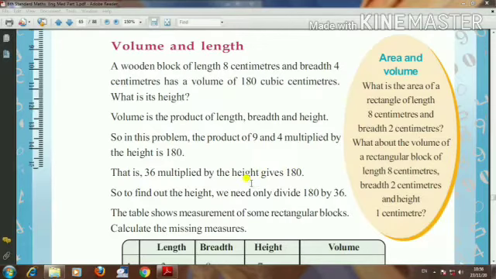In order to find out height, we need only divide 180 by 36, then we will get the height. That's how we are going to find out height.